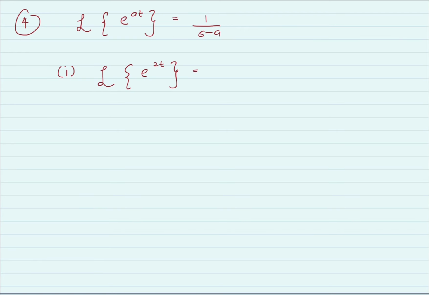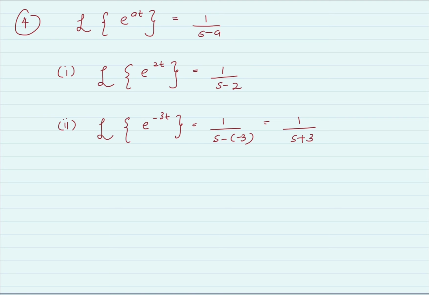Our a is 2, so 1 over s minus 2. Or let's say we have the Laplace transform of e^(-3t). Our a is minus 3, so s minus (-3), which is 1 over s plus 3. And so on.